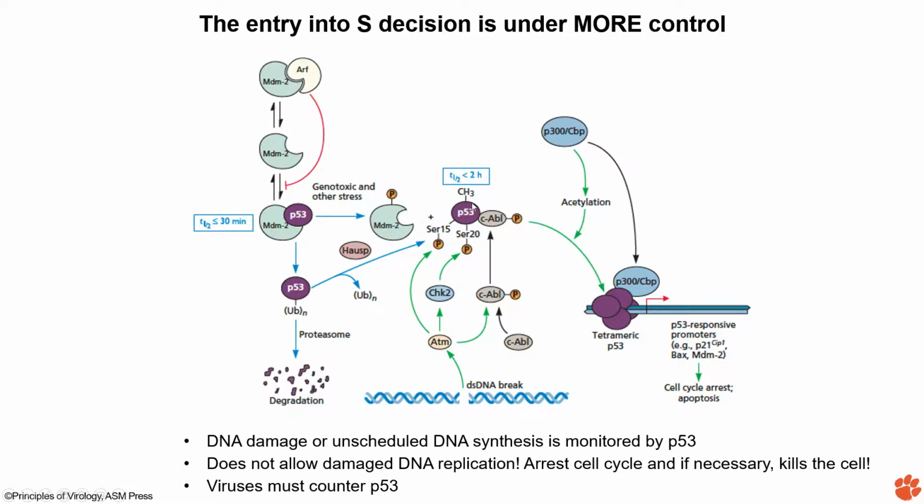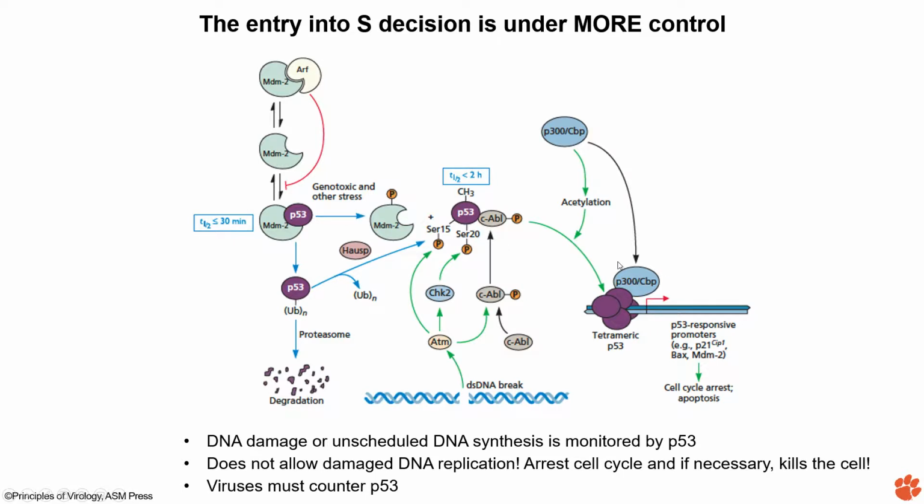As soon as they do this, see, the half-life is now increased from 30 minutes to more than 2 hours. So p53 is stable at this time. What p53 does at this time is recruit a very potent cellular transcription activator called p300/CBP, the cyclic AMP binding protein.